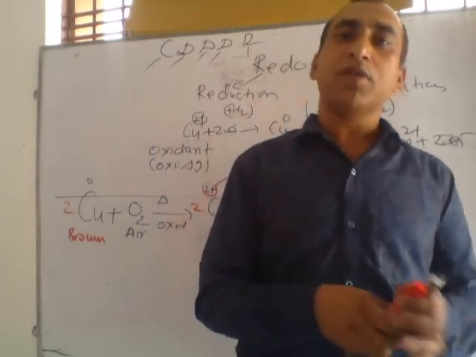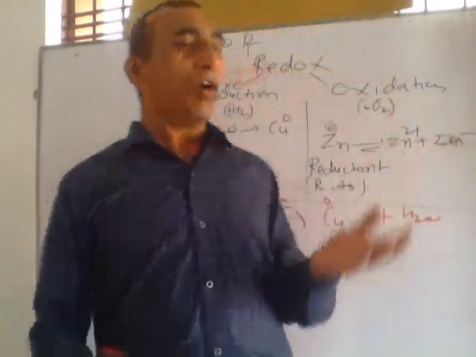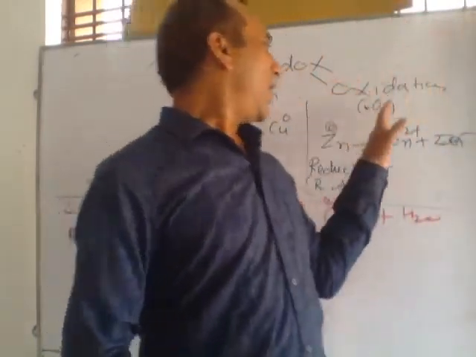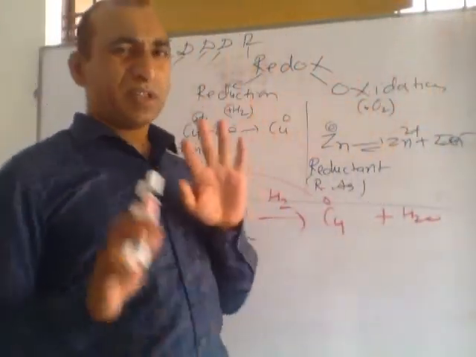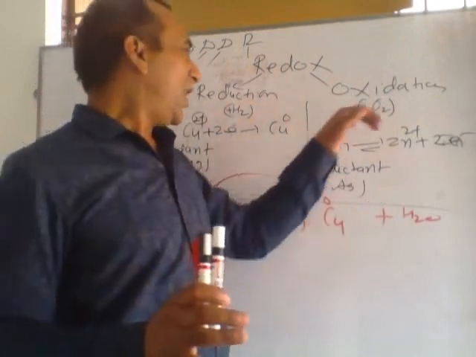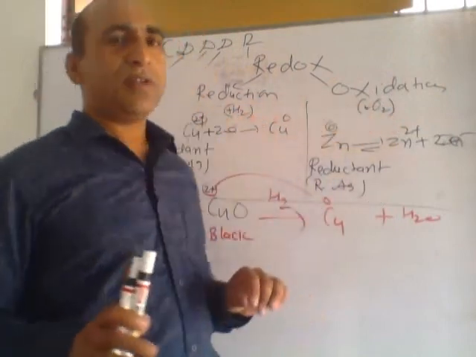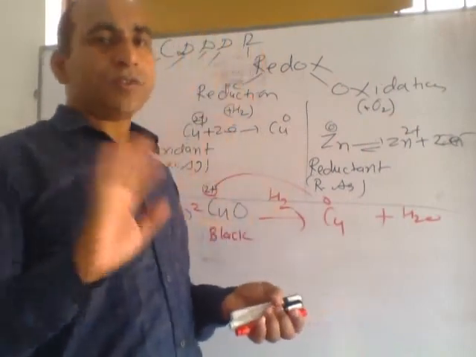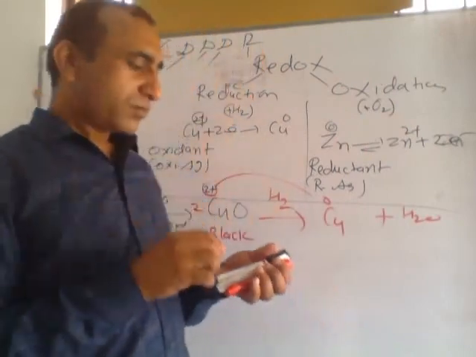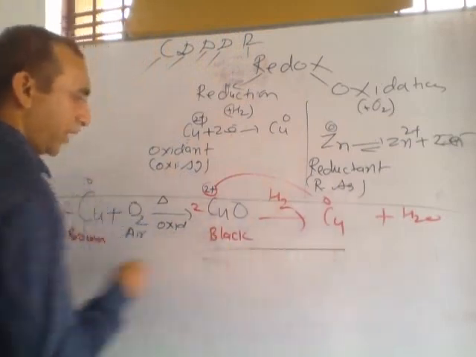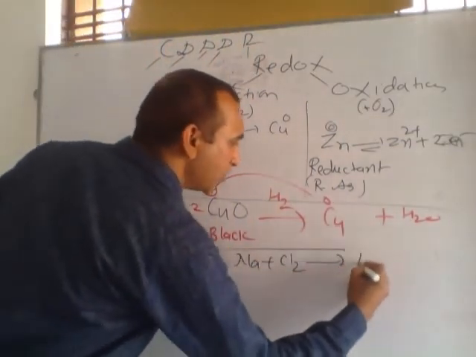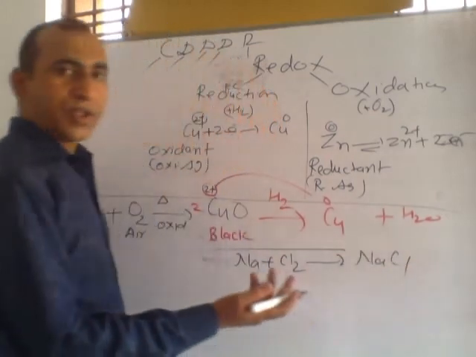But oxidation means the oxidation state is increasing. Or you can say adding of oxygen, removal of hydrogen. But sometimes in other reactions, adding of oxygen and adding of hydrogen does not appear. Only electron exchange should be noticed. Suppose for example, sodium and chlorine, these two react and form NaCl.